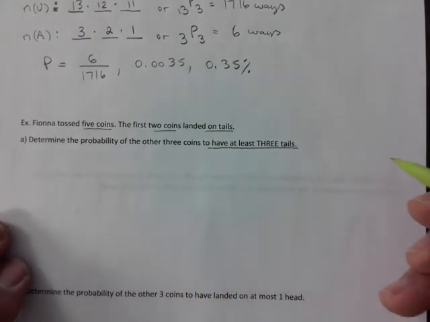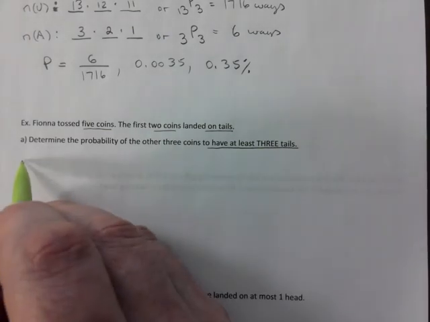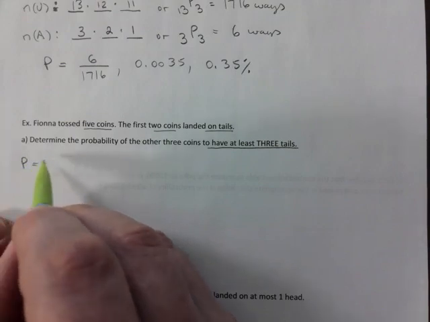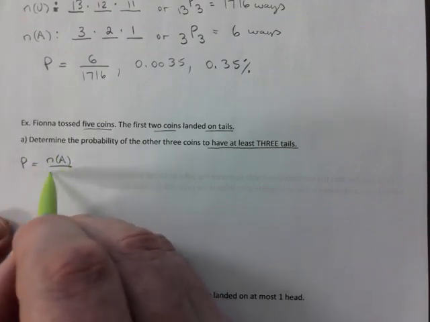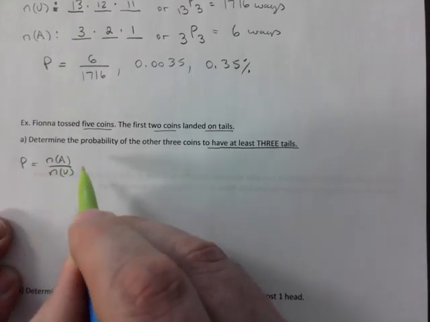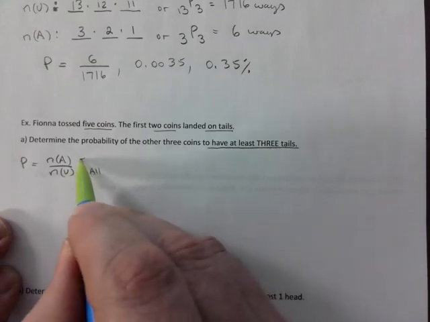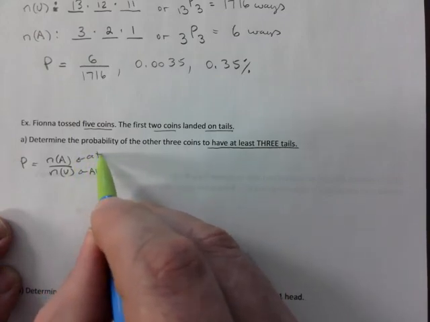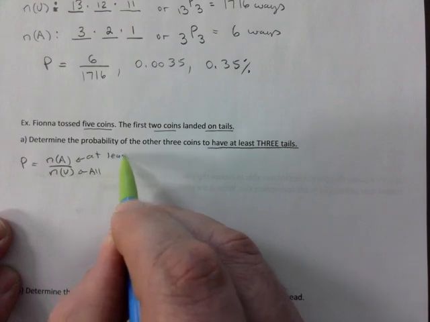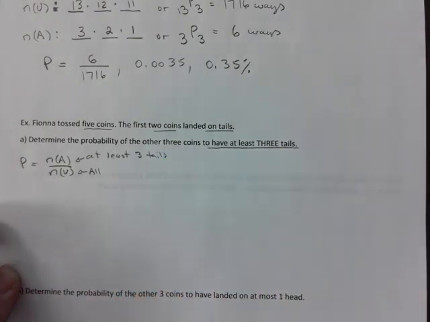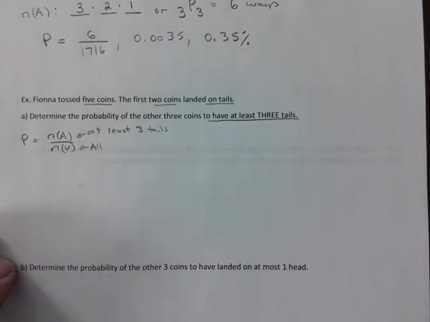That means multiple cases, right? I will come up with the NU here. Probability is NA over NU. Okay, this is all, and this is just specifically at least 3 tails. Okay, so you have to be careful there.